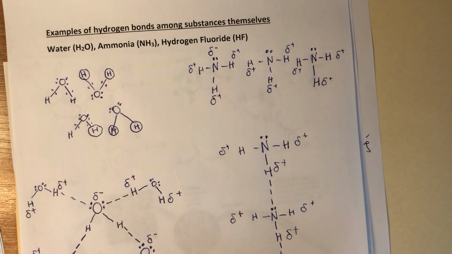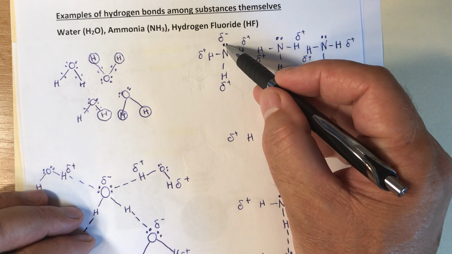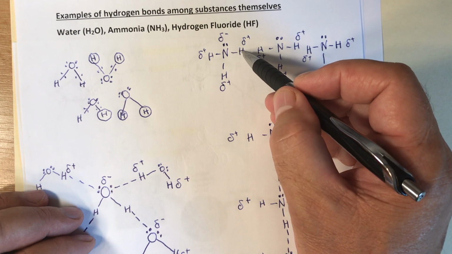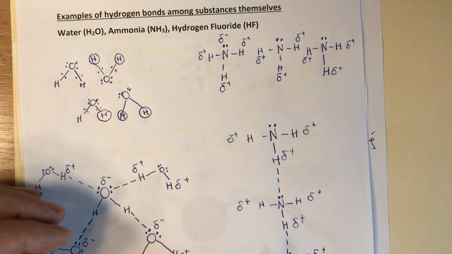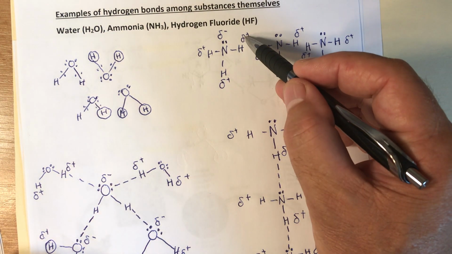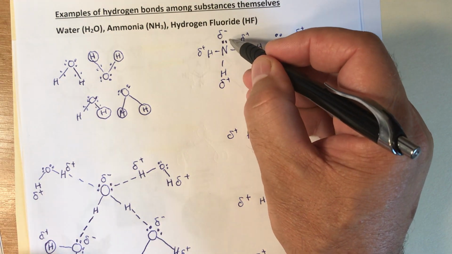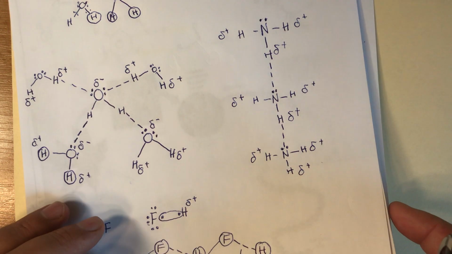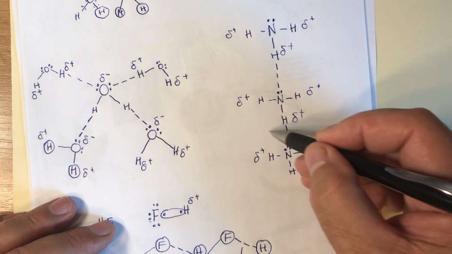Let's see ammonia. Ammonia has 1 lone pair of electrons and 3 positively charged hydrogen atoms. It has the potential to form 4 hydrogen bonds, but because of a shortage of lone pairs of electrons, ammonia forms only 2 hydrogen bonds. Let's take this ammonia in the middle.